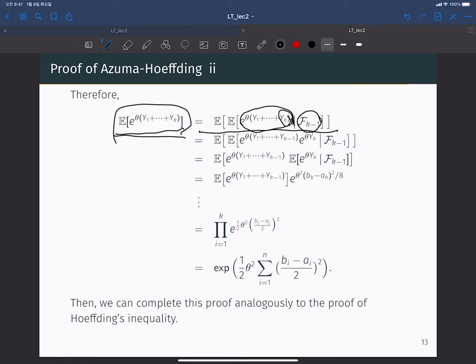Of course, this depends on the filtration fk minus 1, but still yk is a bounded random variable. So the inner expectation is with respect to yk, and the outside expectation is with respect to this filtration. Because this filtration is also a random variable, the sequence from x0 to xk minus 1, a random vector, a random sequence.